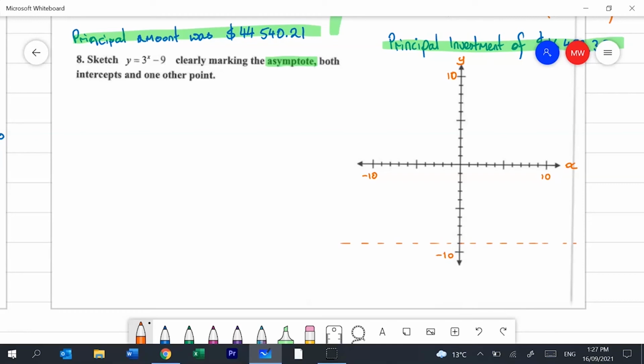It will get incredibly close to it, so it's going to look something along these lines by the time we're finished, okay? And down here, it's going to get awfully close to touching that asymptote. It will get increasingly closer and closer and closer, but no matter how far it goes, it will never quite reach that point, okay? So let's finish marking our asymptote. We're going to say an asymptote of -9.